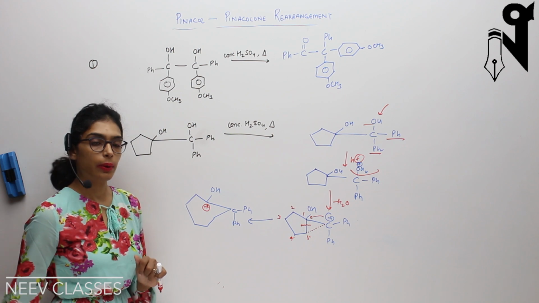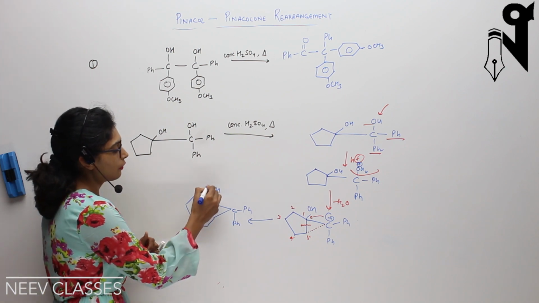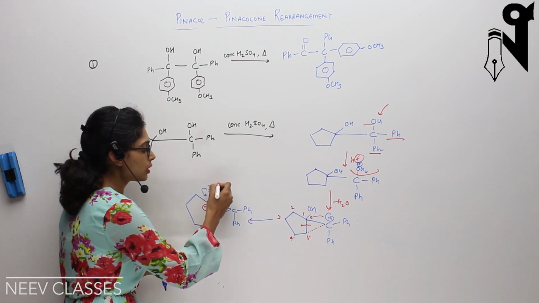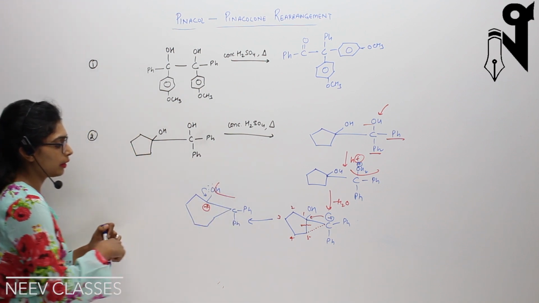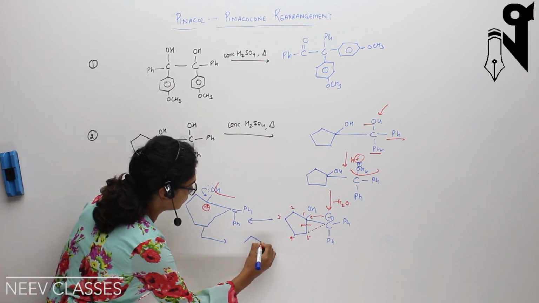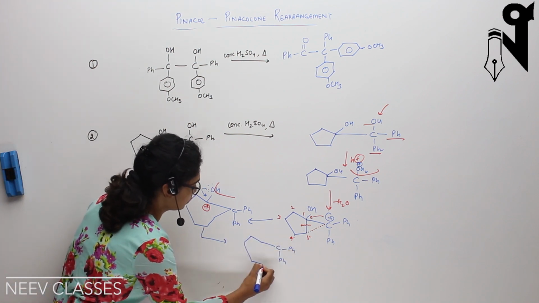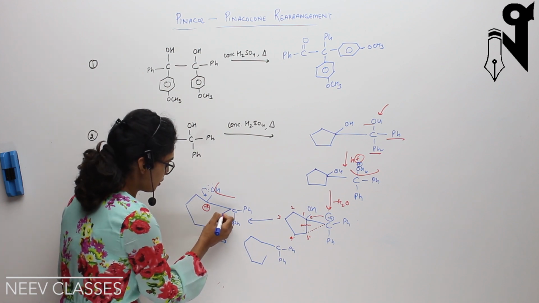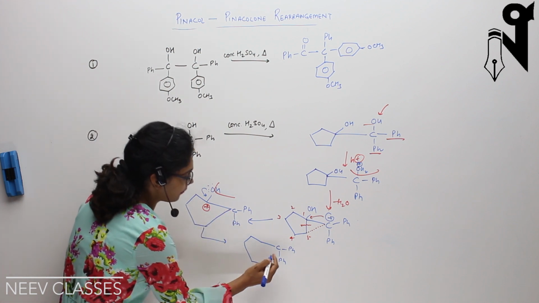OH. Okay, now again from this oxygen, the pair of electron will try to form a bond, kicking out this H and forming, my bad, I have just tilted this.